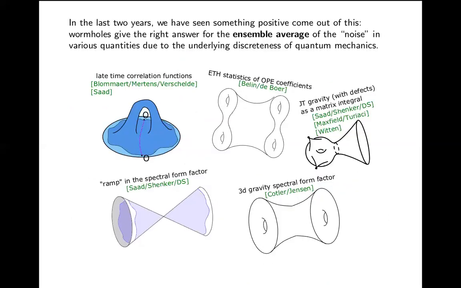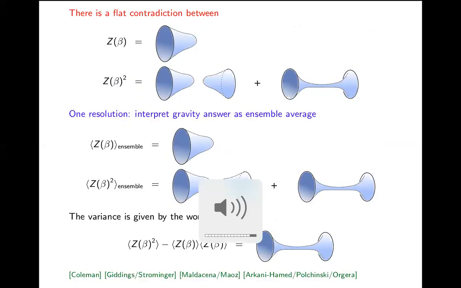Hi, sorry, can I ask just one question? Sure. The final reference of Arkani-Hamed, Orgera and Polchinski, I think they had a paradox, right? That if the dual theory satisfies cluster decomposition, then you can't have the wormholes. Is there some sort of resolution of that now? Well, this is the same problem. This is a version of the cluster decomposition problem, a simpler version of that same problem.